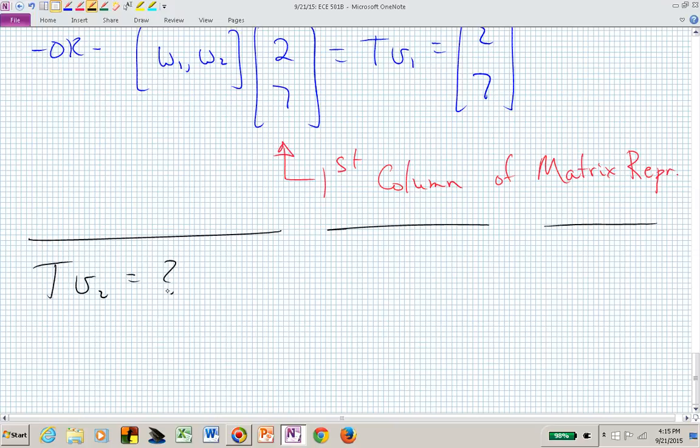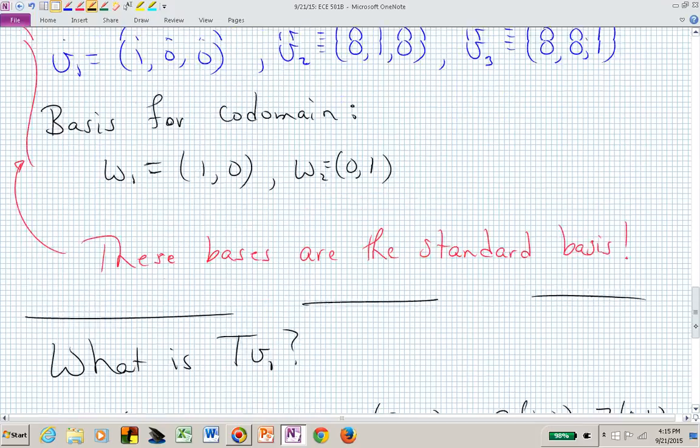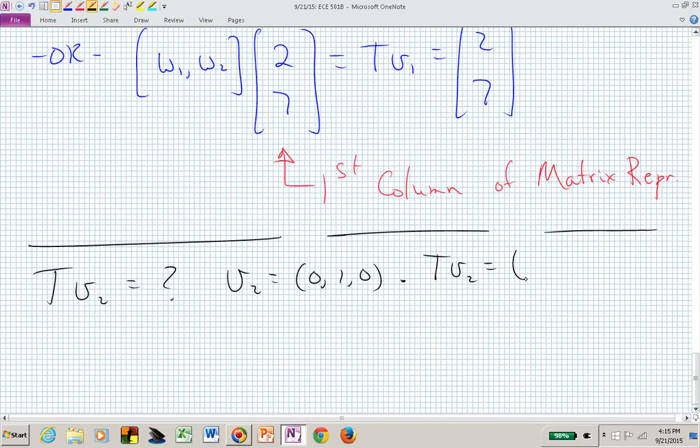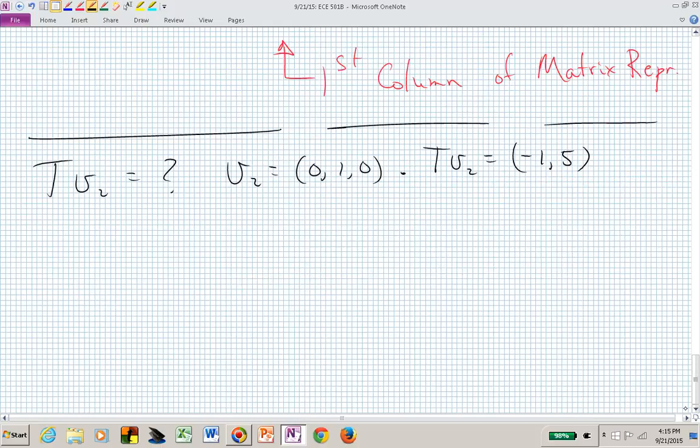To find TV sub 2, V sub 2 is only 1 in the y coordinate or in the second coordinate. TV sub 2, we go back to the linear map and we say, what does that become when y is 1 and x and z are both 0? We now just get minus 1, 5 for our vector in R2.